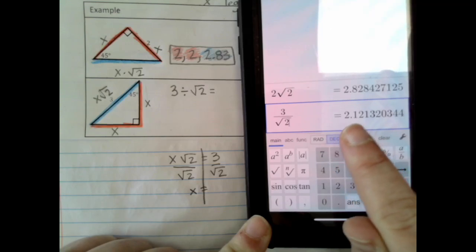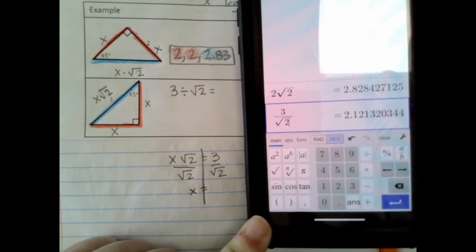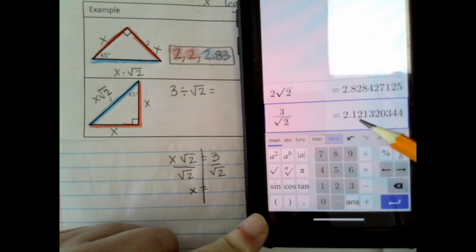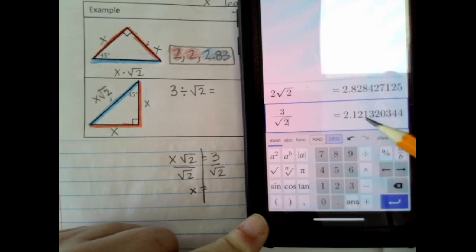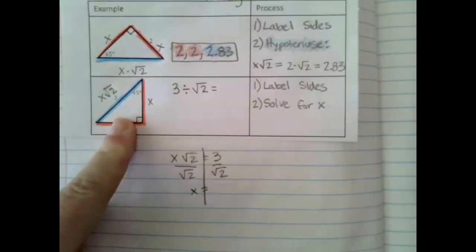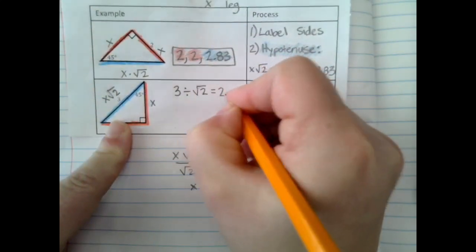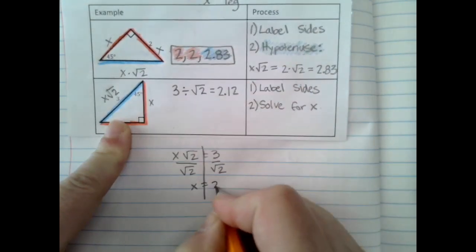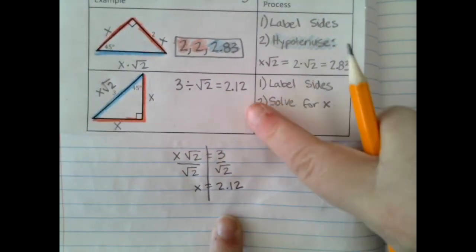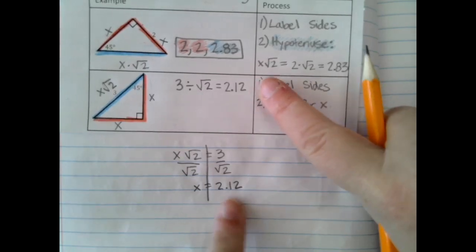So this bottom one here, 2 and 12 hundredths or 2 and 13 hundredths? Yeah, it's going to tell us to stay the same. So 2 and 12 hundredths. Yep. So whichever way makes the most sense to you, do that.